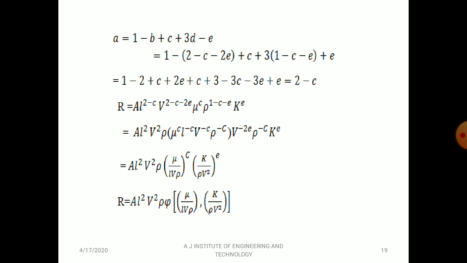So the expression becomes (mu divided by Lv rho) to the power C. Similarly for E, (k divided by rho v square) to the power E. So the final expression is R equal to a L square v square rho.